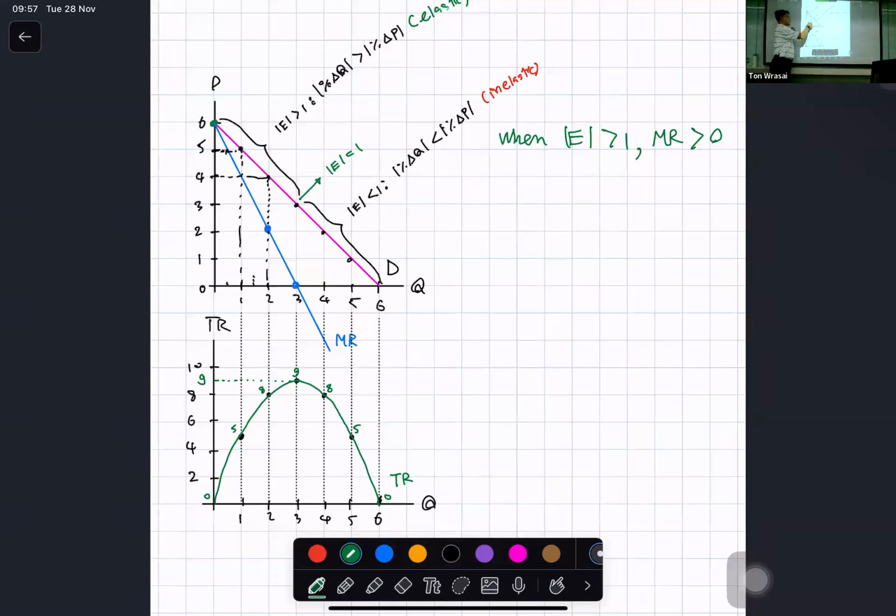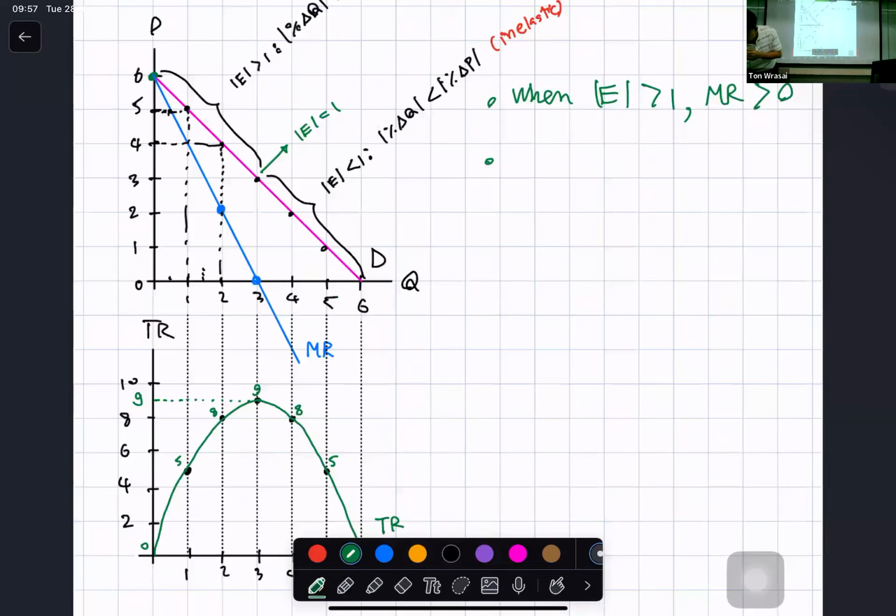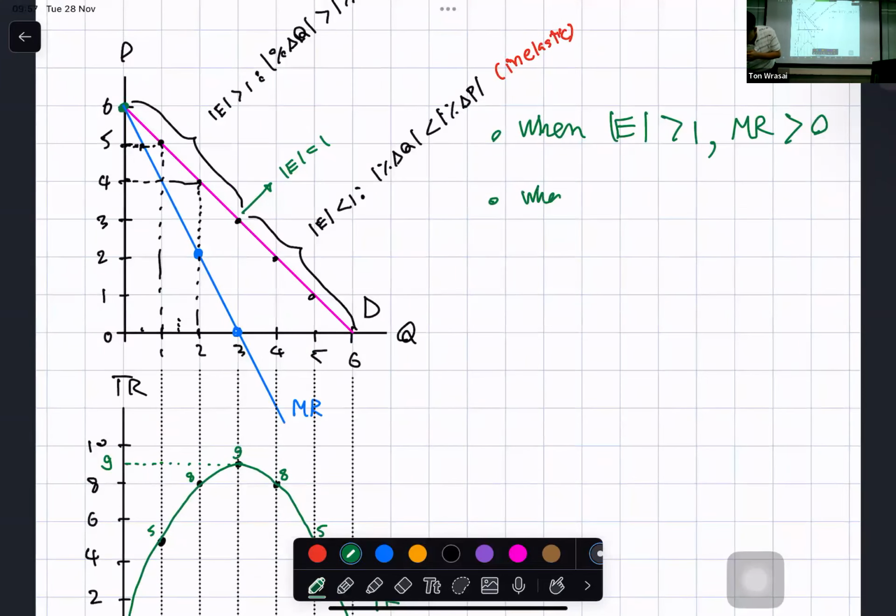And in the middle of the road, when E equals 1, this is purely from the first diagram there. When elasticity is just equal to 1, the marginal revenue curve is 0. MR hits the horizontal here.